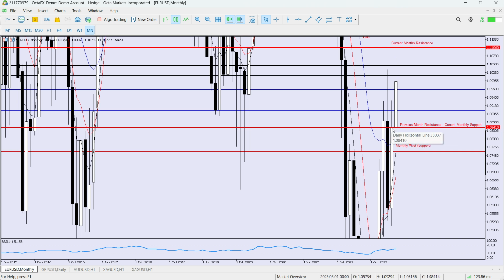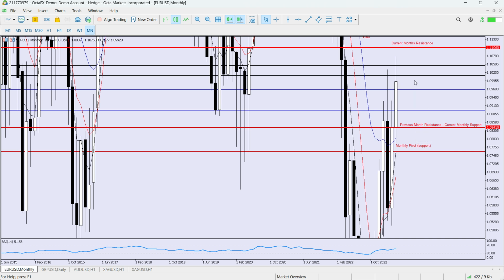And this is the monthly support, the current month support, which was resistance for the last month. The last month closed exactly here, and from there the price retraced to around the current monthly pivot, and from there it bounced.